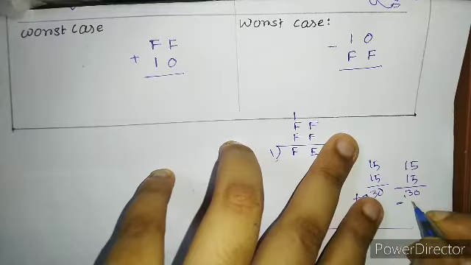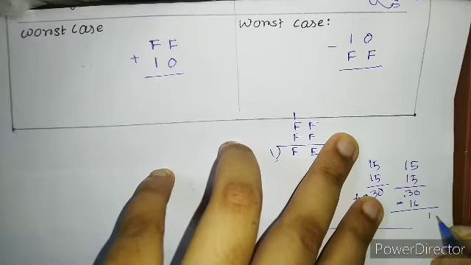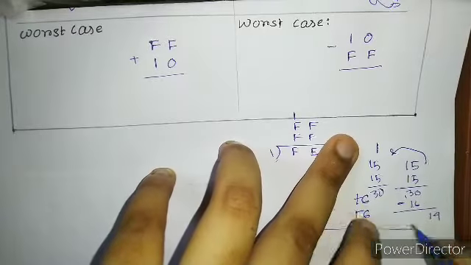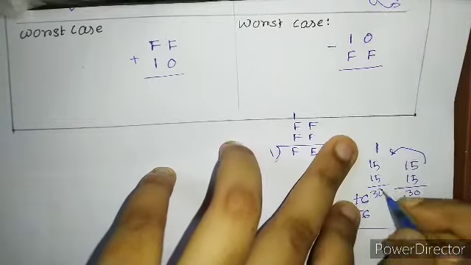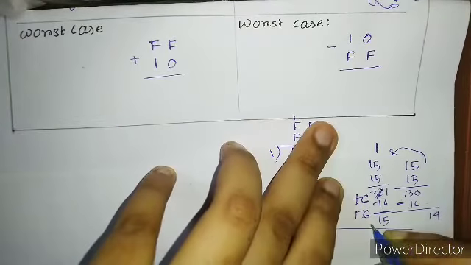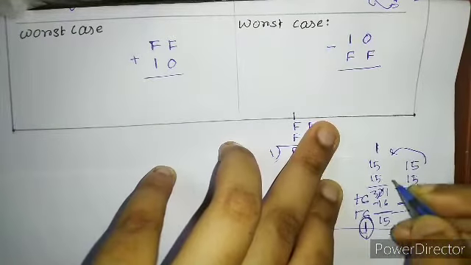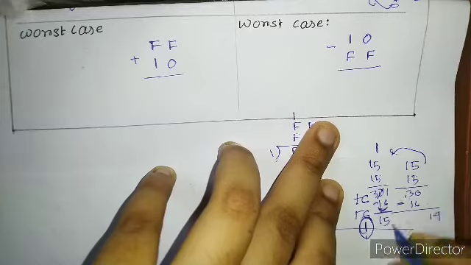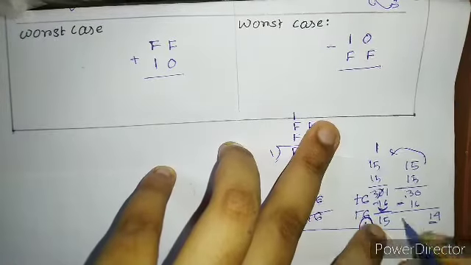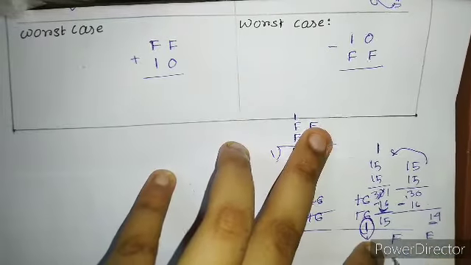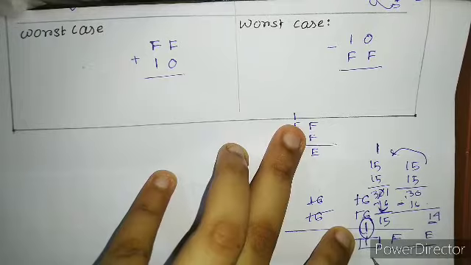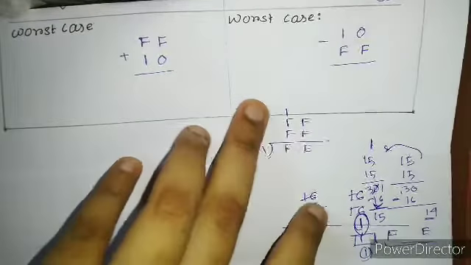So what do we have to do? 30 minus 16 will give you 14, with a carry of 1. So 14 is E, 15 is F, and we are producing one carry. So this is an 8-bit number with a 1-bit carry.